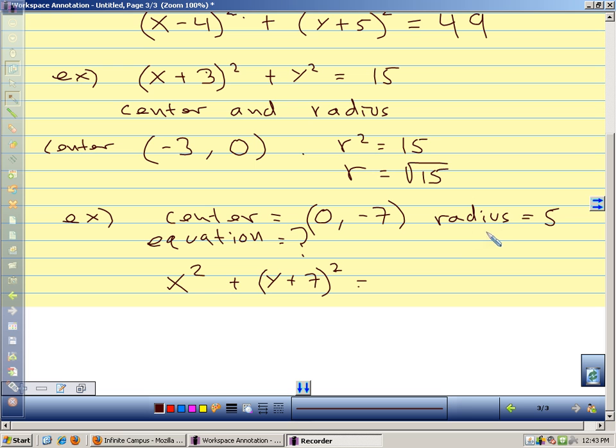So 5 squared is 25. So the equation of this circle would be x squared plus y plus 7 squared equals 25. Questions on that? So circles, finding the equation, finding the center and radius of circles, should be really easy.